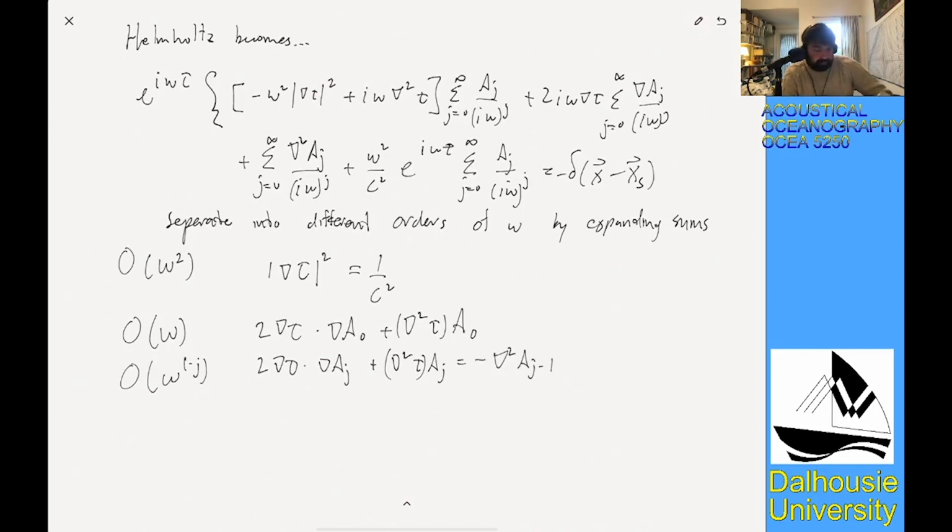Okay. So familiar looking, maybe from study of optics. This is the eikonal equation. And these remaining equations are known as the transport equations.